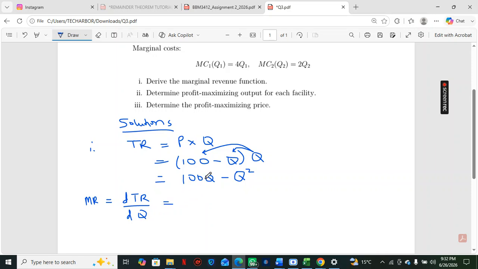When we differentiate 100Q, that becomes 100, minus, when we differentiate Q squared, we get 2Q. All right. So our marginal revenue is equal to 100 minus 2Q. Any questions?